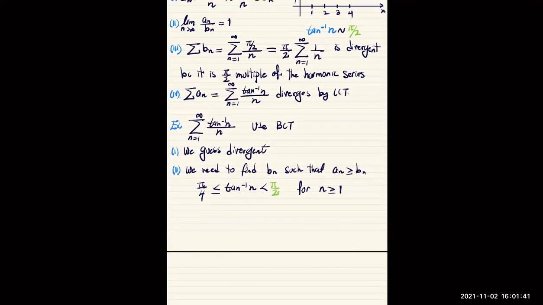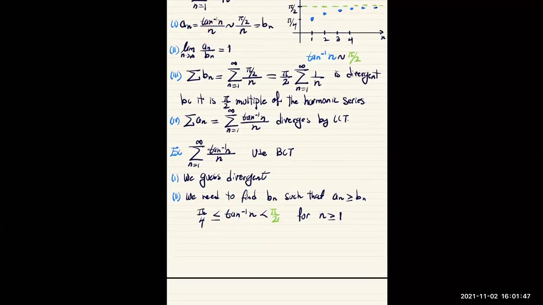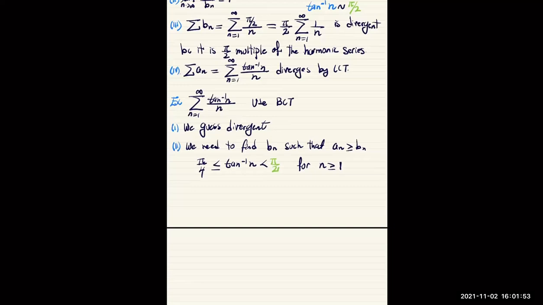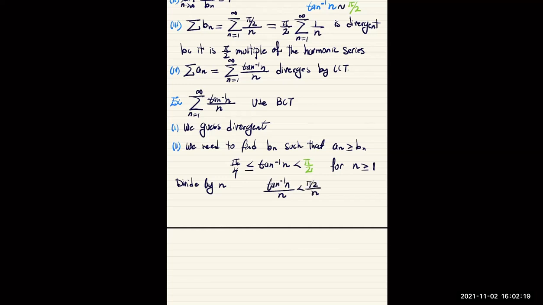Okay, so you can take this inequality and divide by n, because our a sub n is tangent inverse n over n. And since n is positive, the direction of the inequality does not change. We get tangent inverse of n over n, between pi over 4 over n and pi over 2 over n.